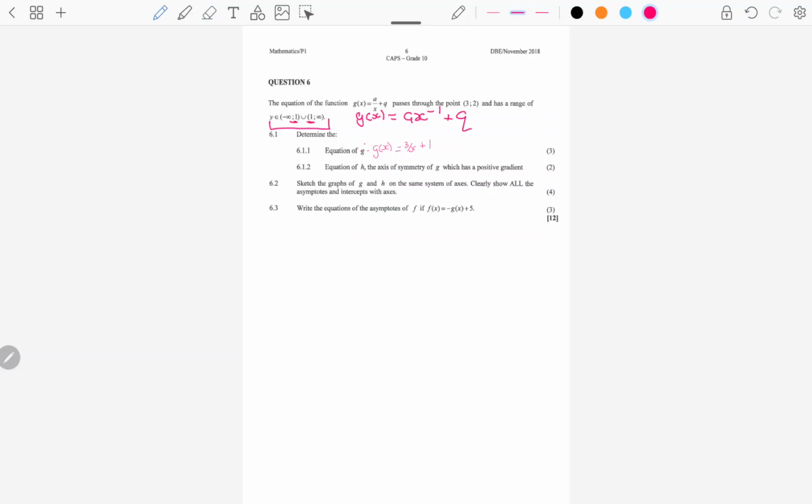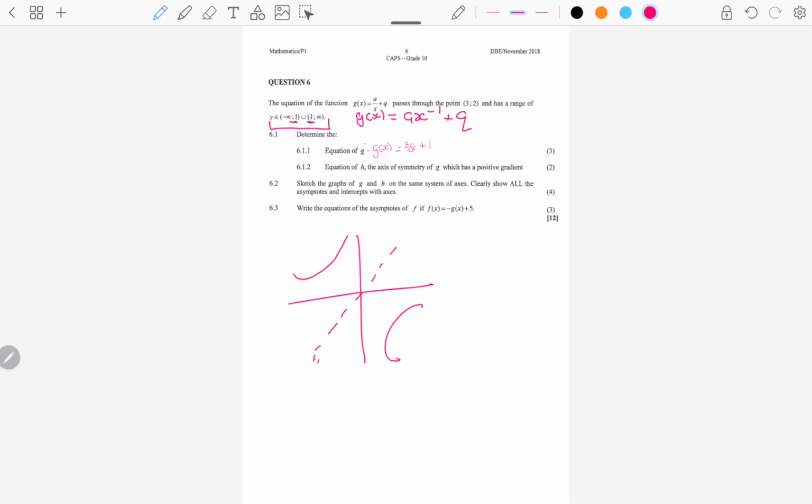Now, they say the equation of h is the axis of symmetry of g, which has a positive gradient. When they mean an axis of symmetry, it'll be the line dividing the two graphs, so that once the line divides them, the graphs are equal to each other. We know a hyperbola goes like that, so the axis of symmetry will be somewhere in the middle.